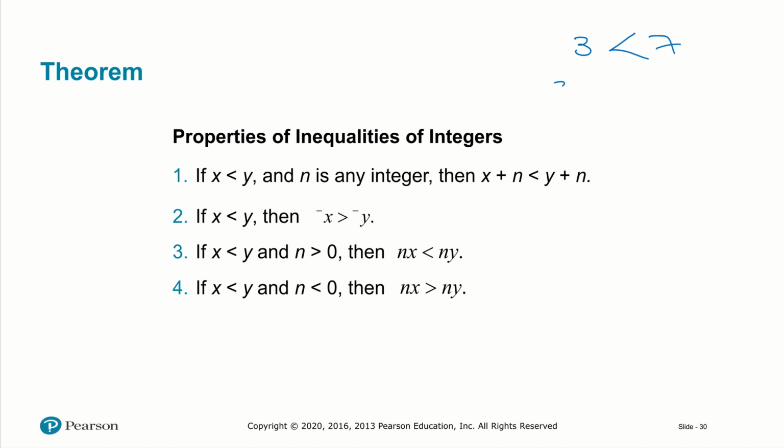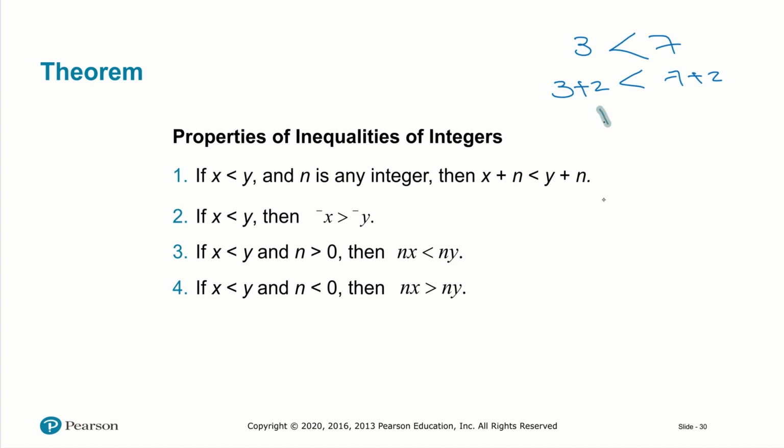Notice that I can go ahead and add 2 to both sides, and that sum, 3 plus 2, is still going to be less than 7 plus 2, right? So we maintain the direction of inequality as long as we add the same number to both sides.